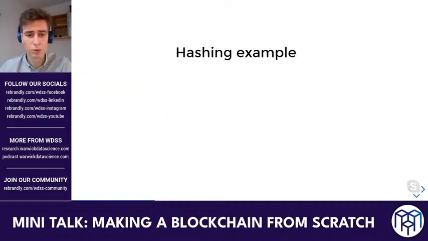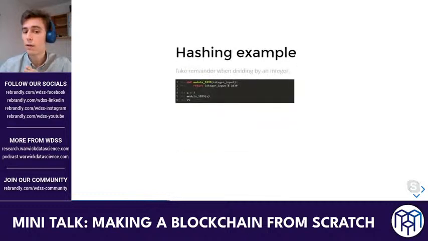So let me just give you an example. Taking the modulo of a number, so the remainder when you do an integer division, actually provides you with a hashing function. So take some package, which is an integer, and you put it through your modular function, and you get your address, right? This is where it is sitting in the warehouse. But this is a weak form of hashing. Why?